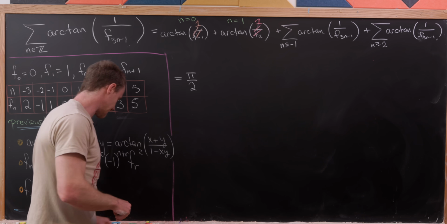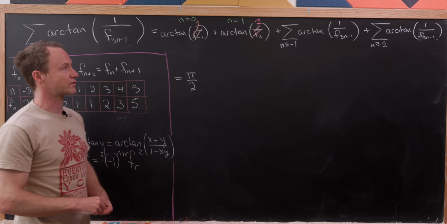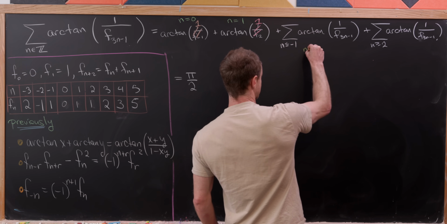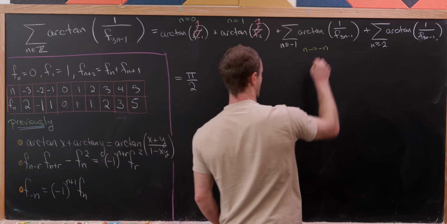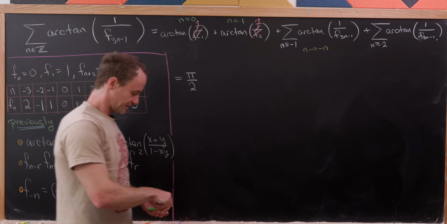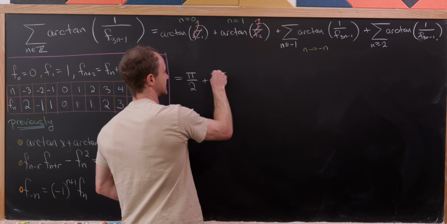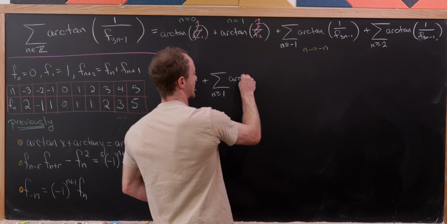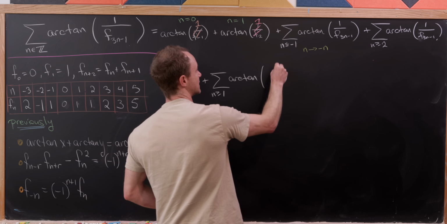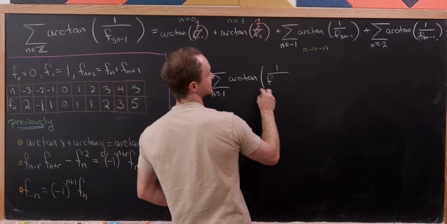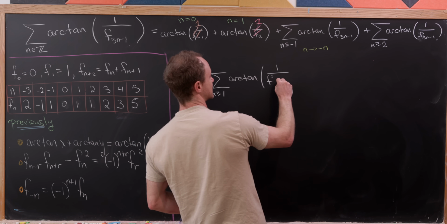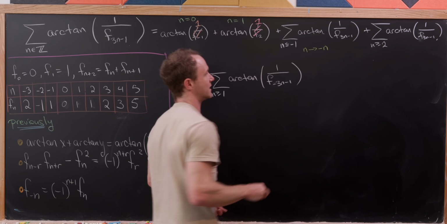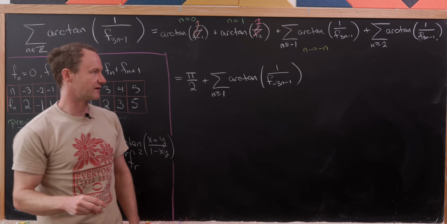And now the next thing that I'm going to do is re-index each of these infinite sums that are left over. I'm going to take this first one and replace every n with a minus n. That's going to give me the sum as n is bigger than or equal to 1 of my inverse tangent of 1 over f sub minus 3n minus 1, because I replaced n with negative n.